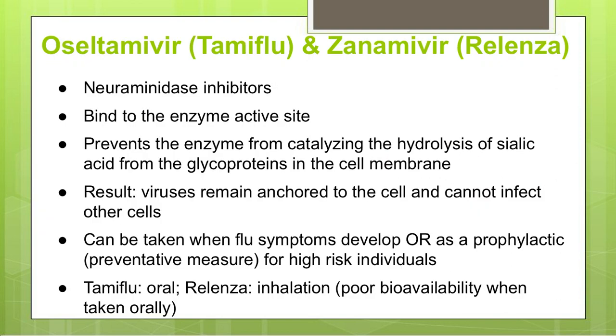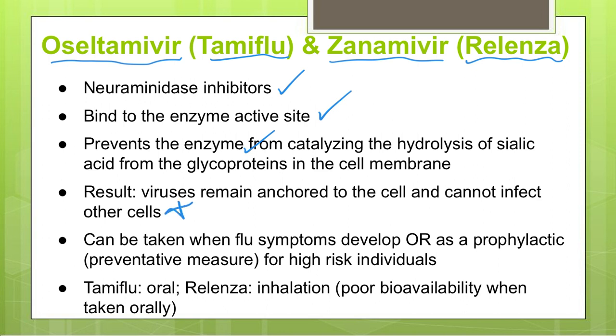So there are two different ones, Tamiflu and Relenza, or the full crazy names are there. And like I said, they're neuraminidase inhibitors. They bind to the enzyme active site, and they prevent the enzyme from catalyzing the hydrolysis of sialic acid from the glycoproteins in the cell membrane.